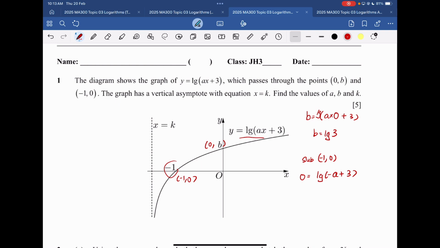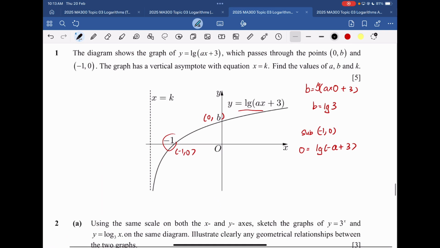Change this to exponential form. What do you get? Log of what value gives you 0? 1. Correct? So this value here is equal to 1. Another way is to see log of negative a plus 3 equals 0.